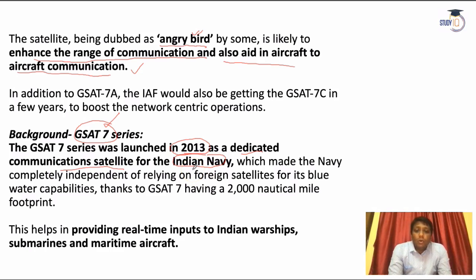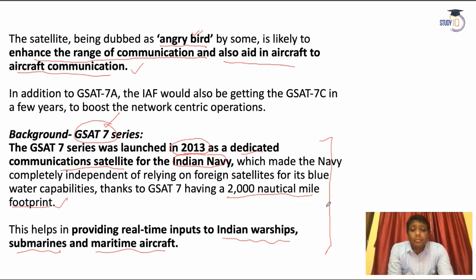Okay, and it covers a 2000 nautical mile footprint. And the area covered from the bordering and coastal areas of India is 200 nautical miles with the help of the GSAT 7 series. It will provide real-time inputs to Indian warships, submarines, and maritime aircraft. So in that way, guys, you can understand the GSAT 7 will be very helpful for the Navy.